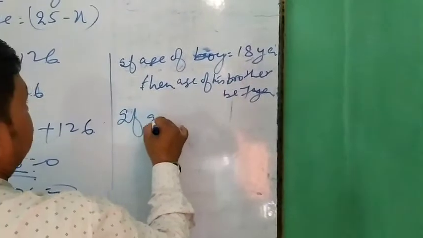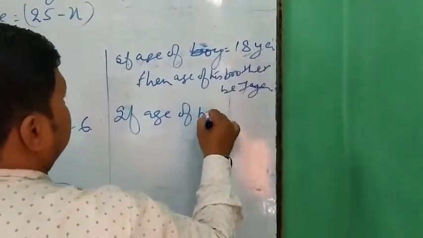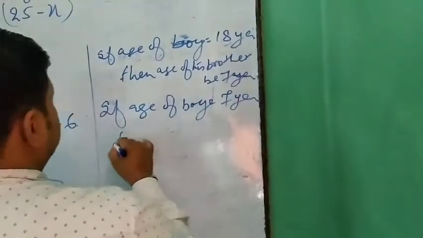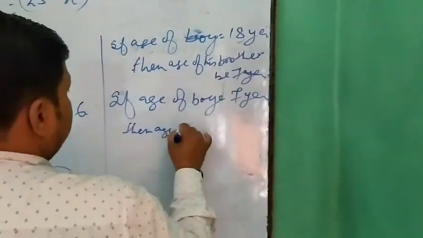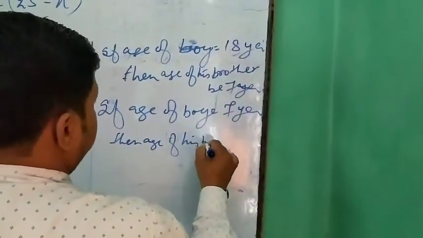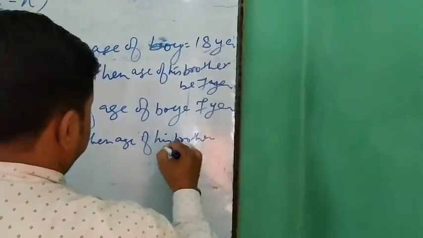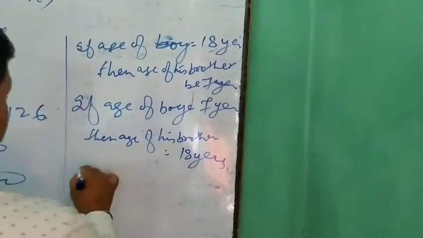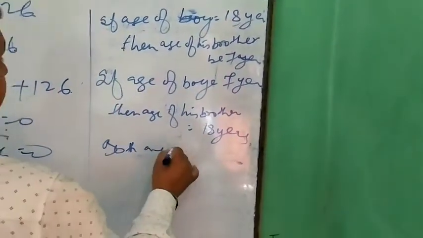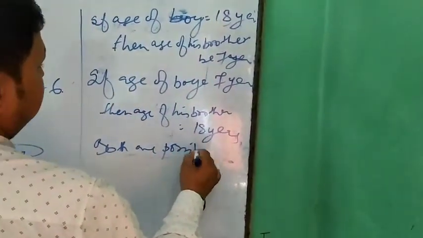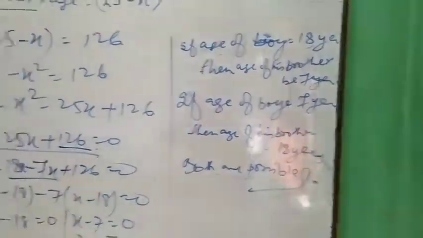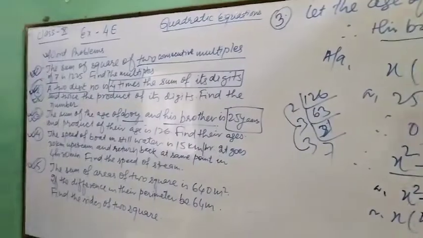If the age of the boy equal to 7 years, then the age of his brother equal to 18 years. Both are possible. That's it, you got your answer of your third question.